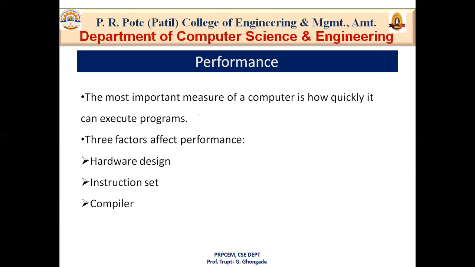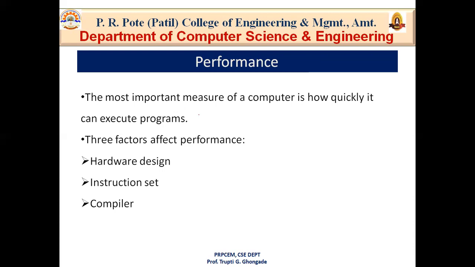Because programs are usually written in a high-level language, performance is also affected by the compiler that translates programs into machine language. So your performance depends on the hardware components and the machine language that you are using in the computer system. Basically there are three factors that affect the performance.